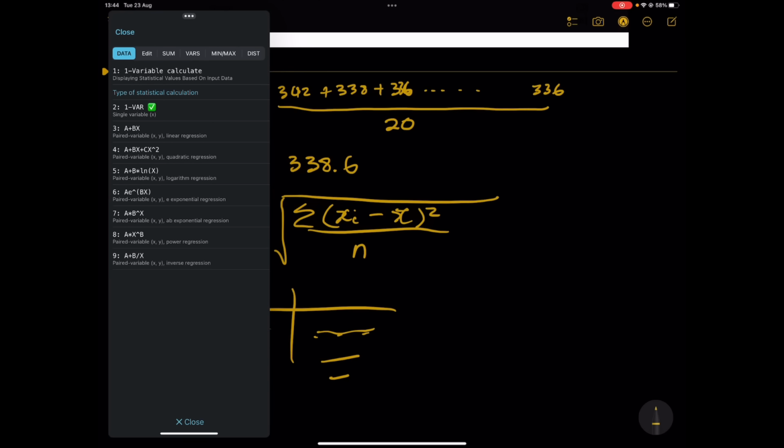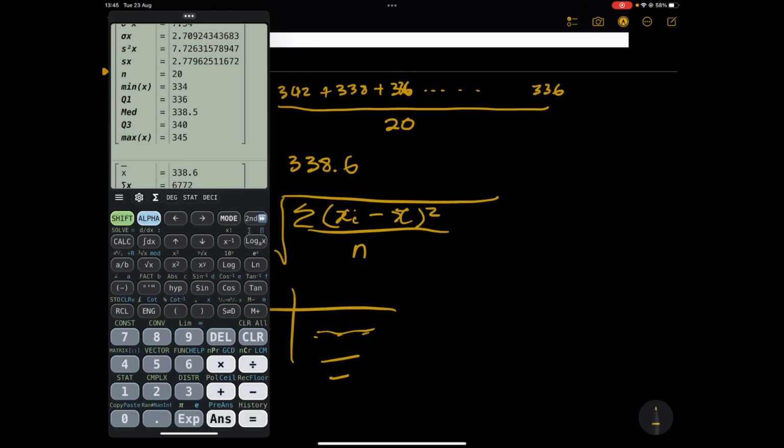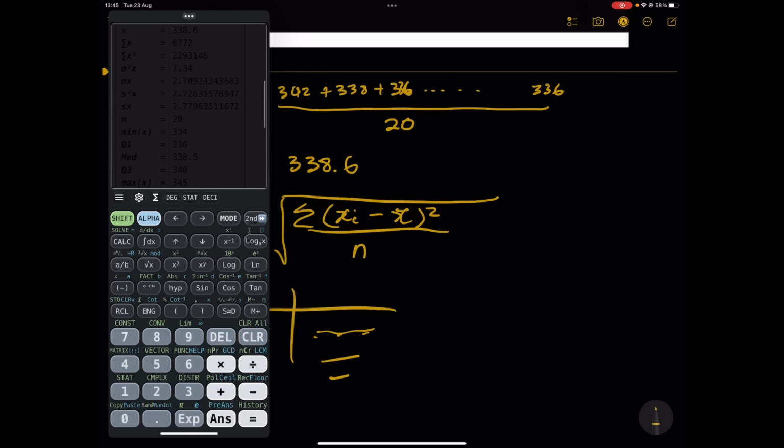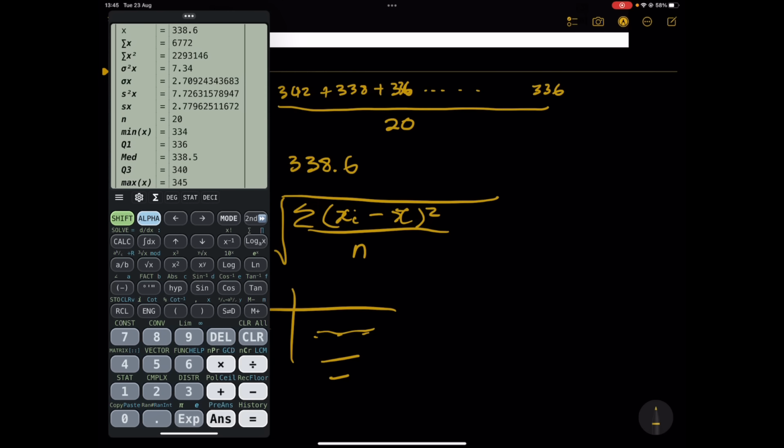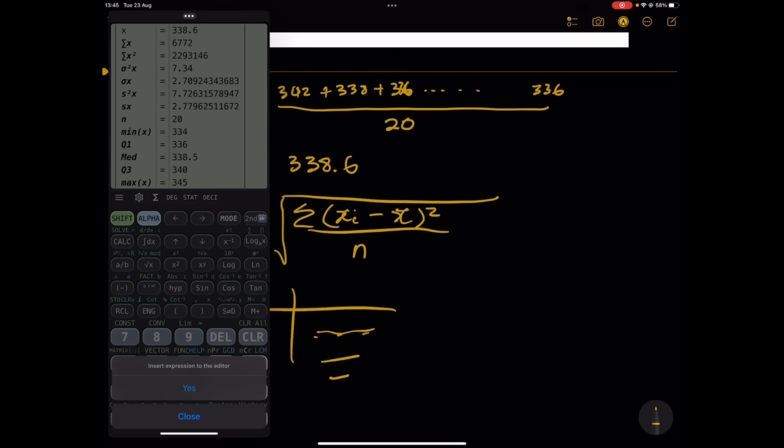So there's my calculation right there. I get 338.6 for my mean, as well as my standard deviation, in this case, of 2.71. So there's my value over there.